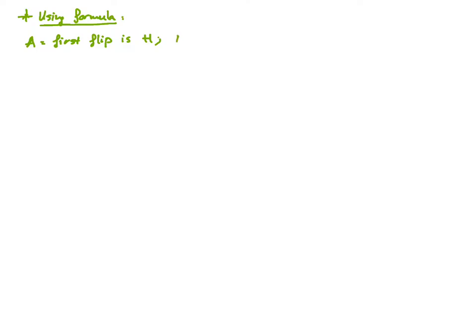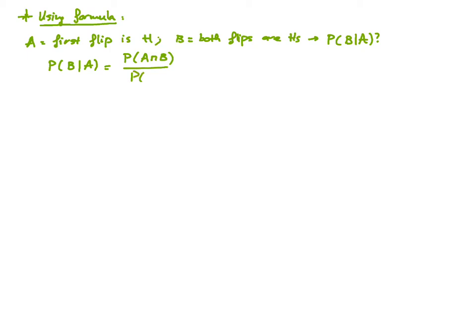And then event B is the event where both flips are heads, and we want to find the probability of B given A. Now the formula for conditional probability tells us that the probability of B given A is equal to the probability of the intersection of A and B divided by P(A), right?